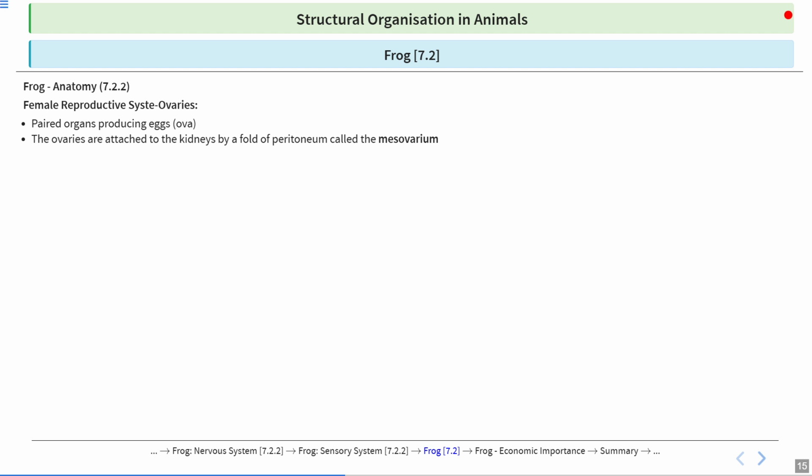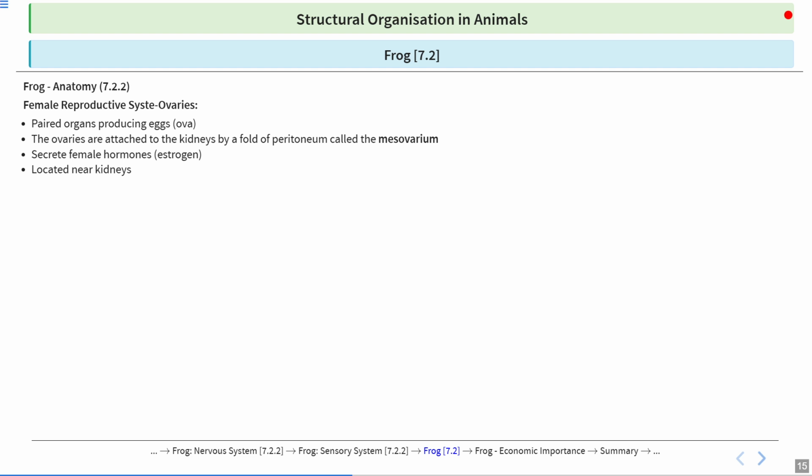Mesovarium. Secrete female hormone, estrogen, like the testes secrete the male reproductive hormone that is called testosterone. In the same way, here female ovaries produce the female reproductive hormone that is called estrogen, right?